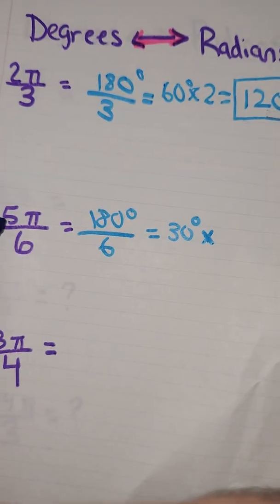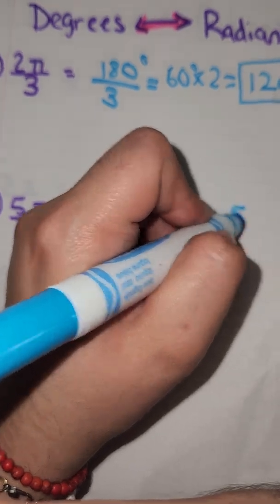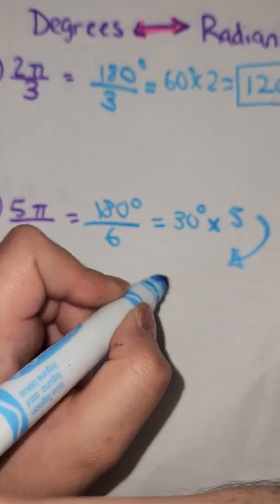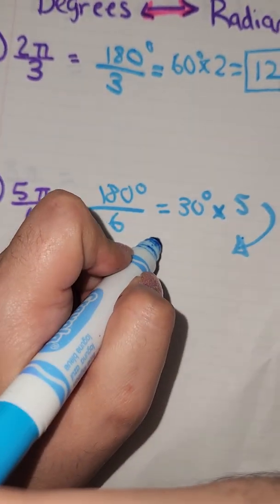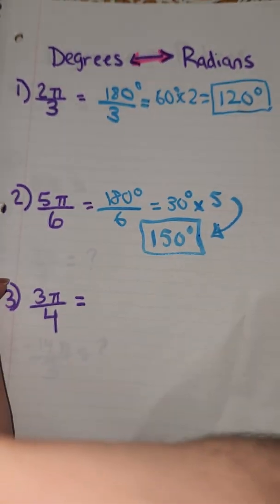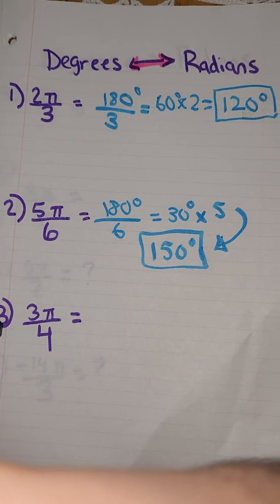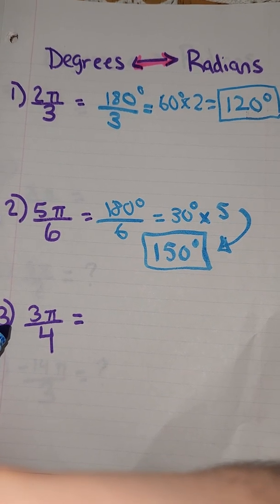Times that times 5, which is the numerator, and you get that the answer is 150 degrees as your answer. And then try to solve number 3 by yourself, and I'll give you the answer in a couple of minutes.